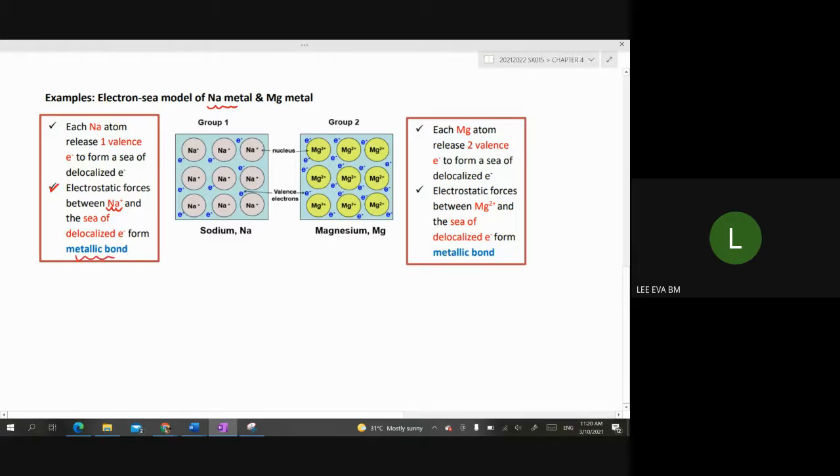So if you look at the model over here, in one box we put only 9 circles. If you want to put 6 also no problem. And then the number of electrons should be the same as the number of Na+. Okay, so if let's say over here we have 9 ions of Na+, we have 9 valence electrons at the same time.